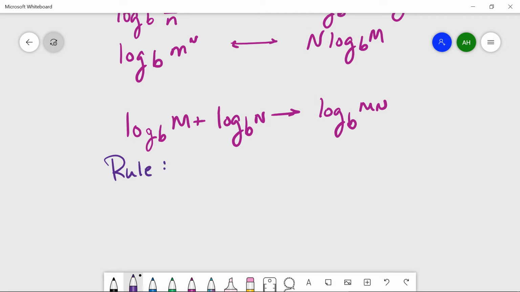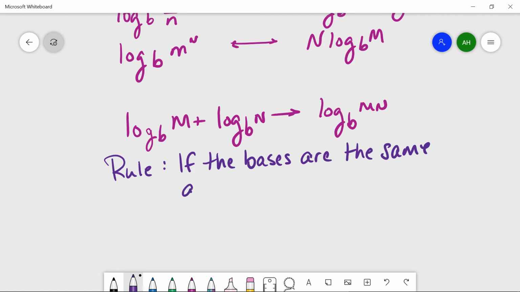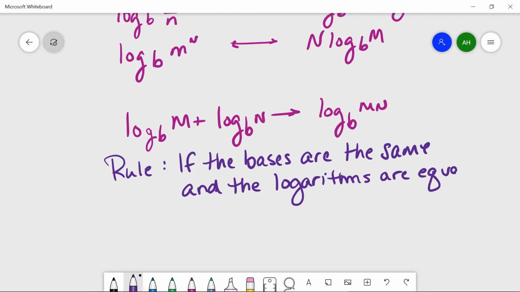All right, if the bases are the same, and the logarithms are equal, we've got an if-then statement.